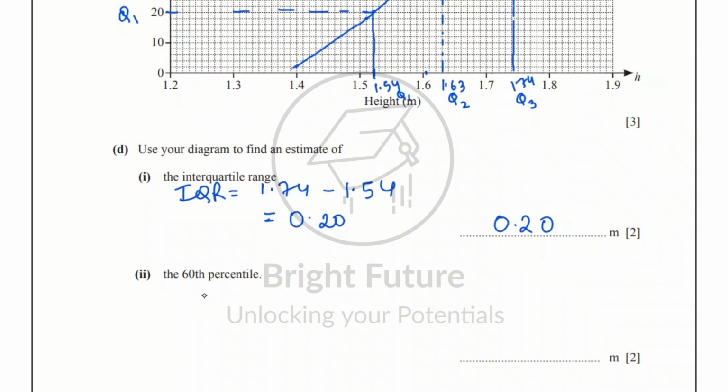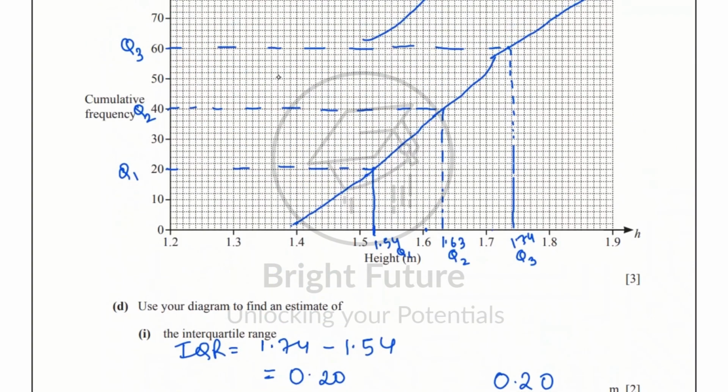P60, that is 60 upon 100 multiplied by 80. 6 8s are 48. So 48. Check for 48. That means this part, 48. Okay, where do we land up?